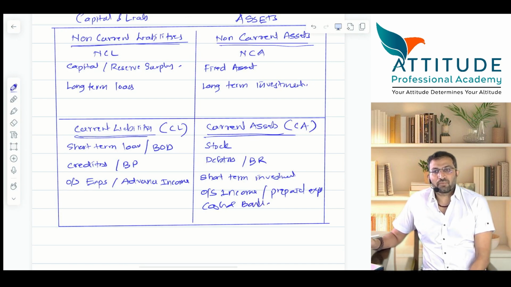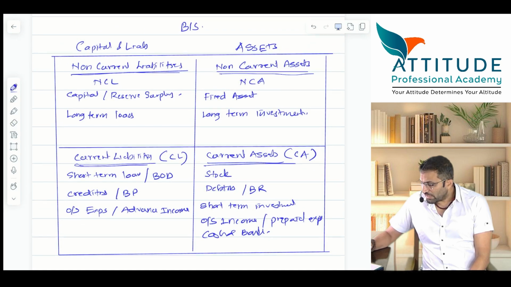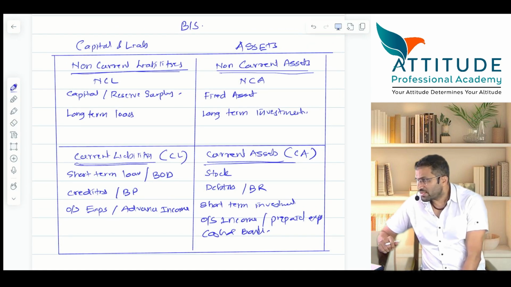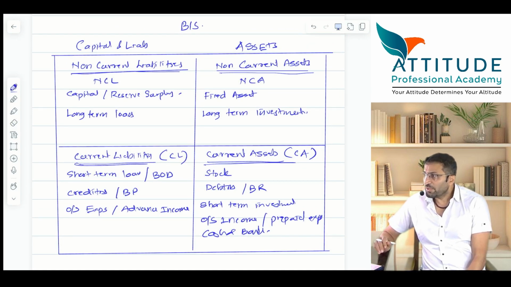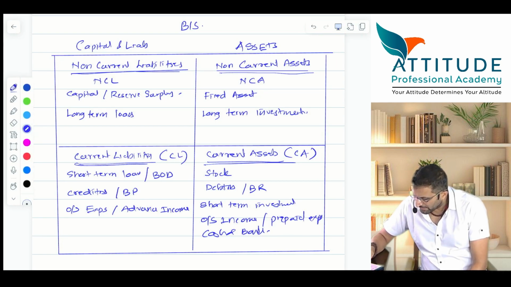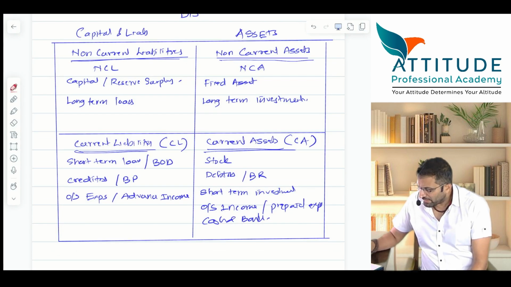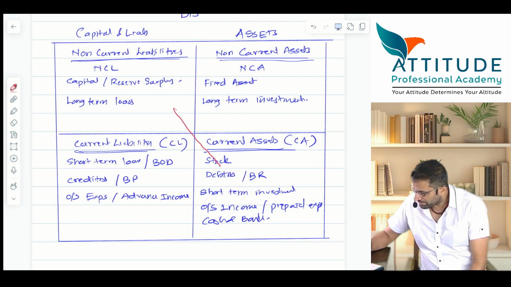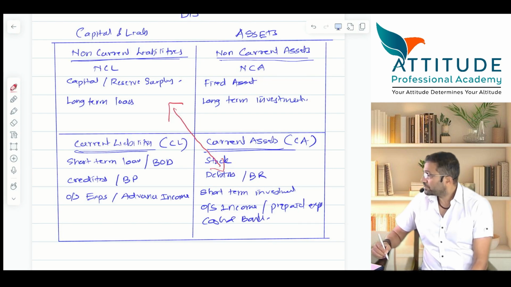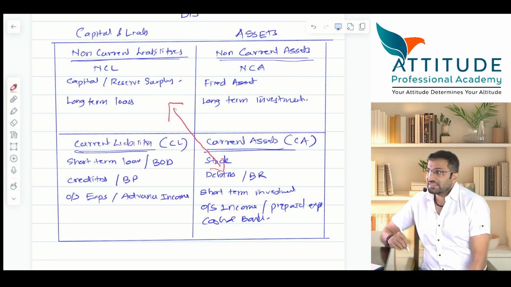Okay. Right. Now I will start asking you certain questions, which you have to answer. First I'll give you an easy one. Is that clear? Now I'll take a different ink. Give me an example where these two are involved, that is, your non-current liabilities and current assets.